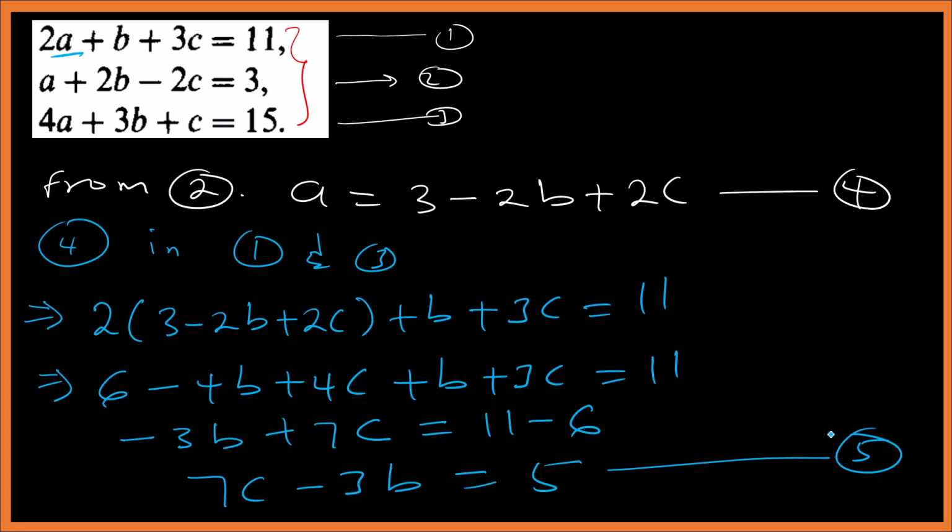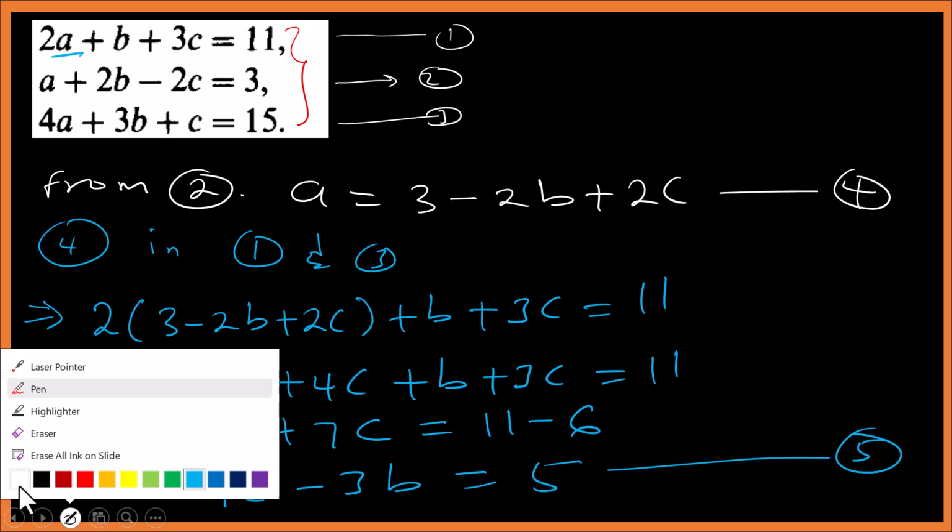So this one will be the fifth equation. Okay, now let's do the same to the third equation to arrive at the sixth equation. So we have 4a plus 3b plus c.